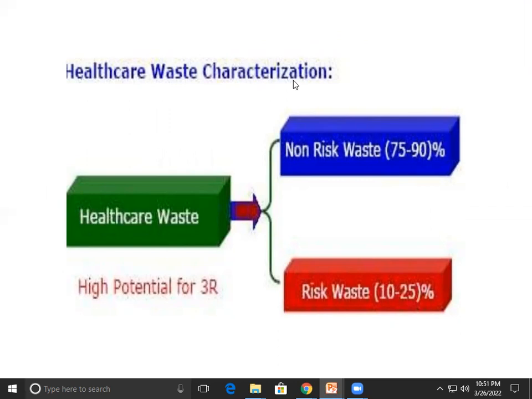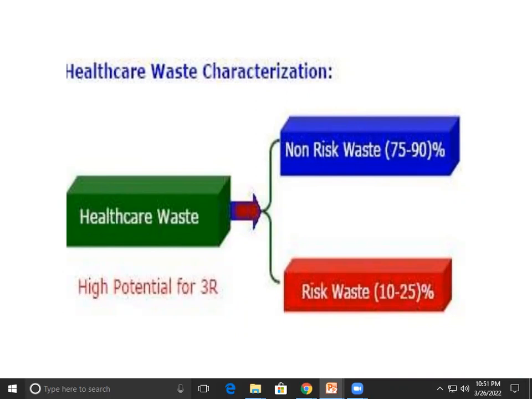Healthcare waste characterization. Healthcare waste, that is biomedical waste, is divided into two types: non-risk waste and risk waste.